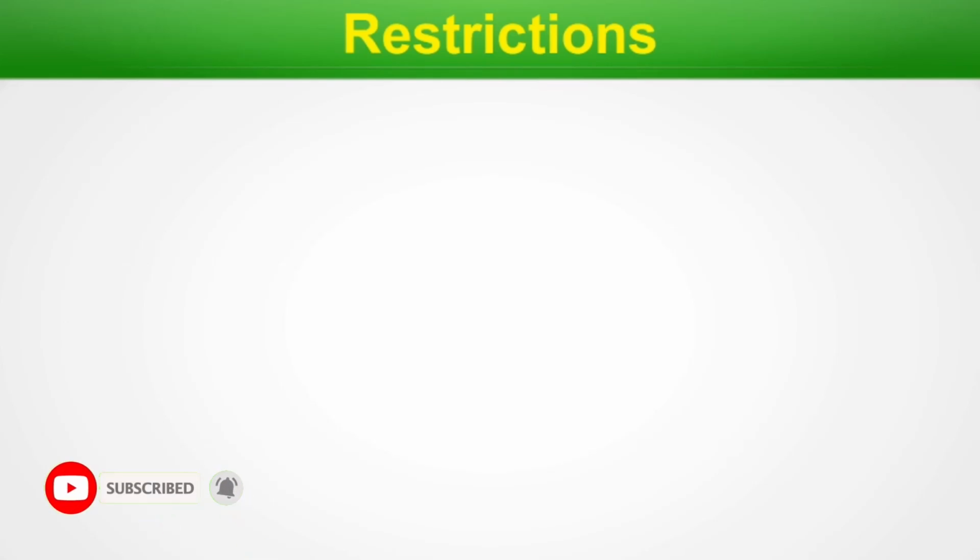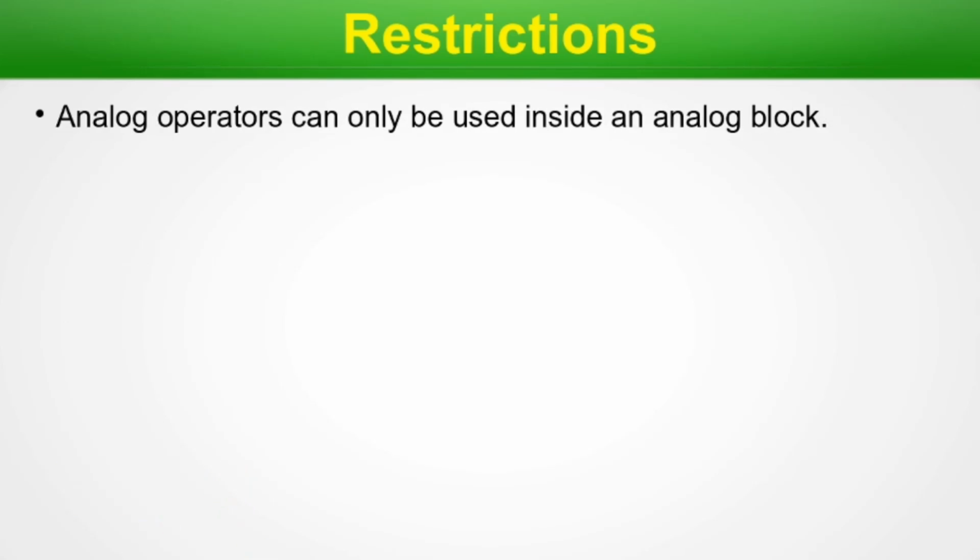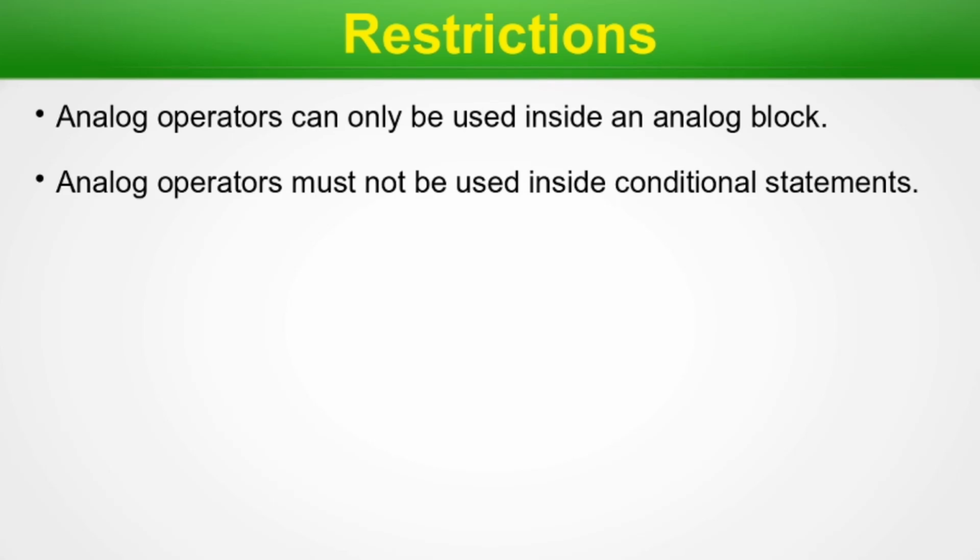Restrictions for analog filters. Analog operators can only be used inside an analog block. So we are defining a module and we cannot write these filters outside the analog block. We have to define them inside the analog block. Analog operators must not be used inside conditional statements. So like if, else, or case, this kind of conditional statements, inside them we cannot write them.